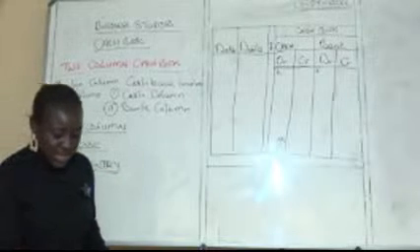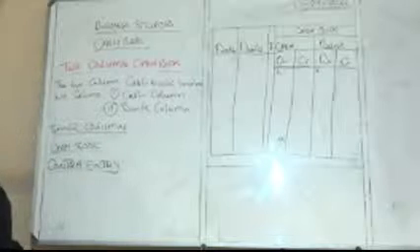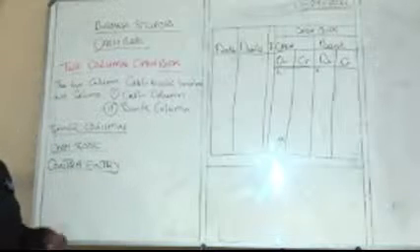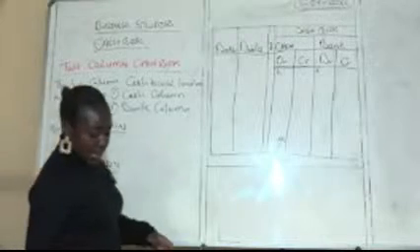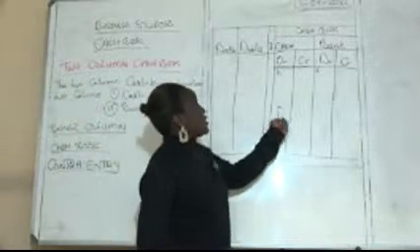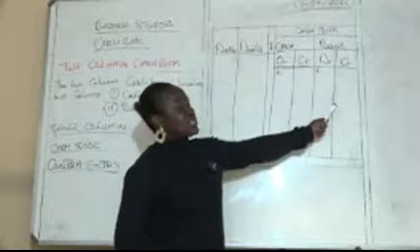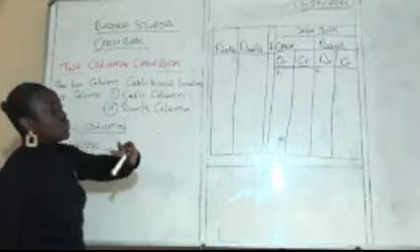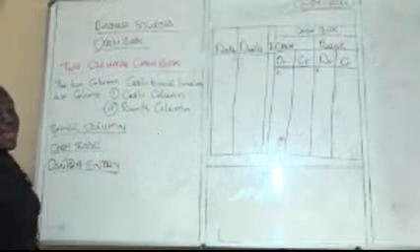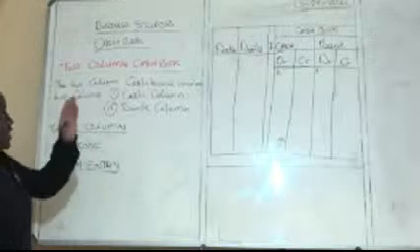So what do we understand by contra entry? Contra entry is where a transaction is completed within the same book. For example, cash withdrawn and deposited into the bank. That's a contra entry because it has dealt with two accounts in the same book, like the cash book.